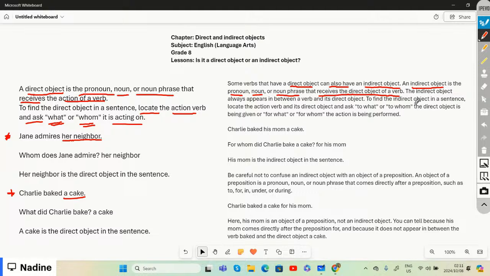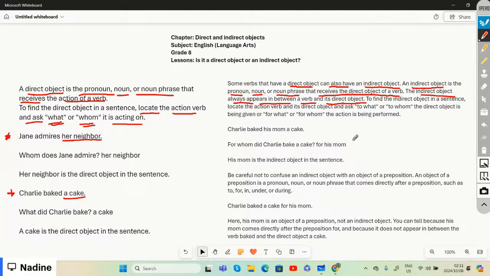An indirect object always appears in between a verb and its direct object.